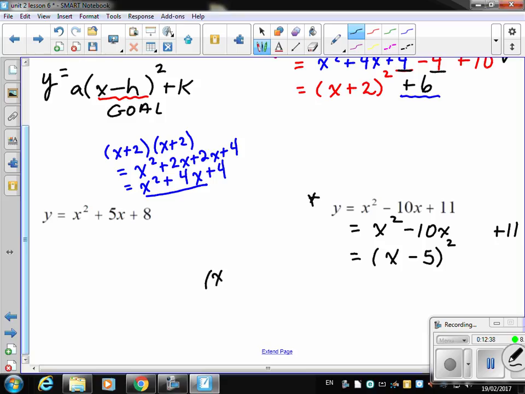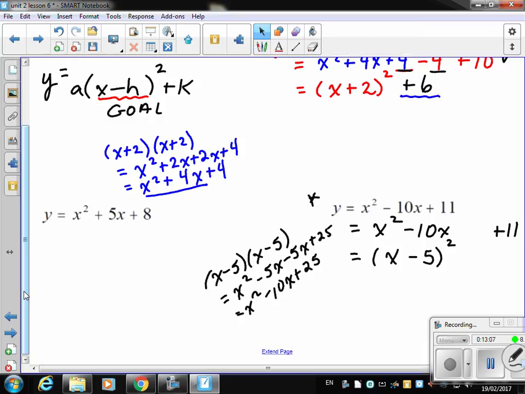Well, it's whatever the number is when you FOIL (x minus 5) squared. x squared, outside, inside, minus 5x plus 25, which is x squared minus 10x plus 25. Ah, it's a 25. I need a 25 to make my (x minus 5) squared perfect. So I'm going to introduce 25, but you can't just willy-nilly add a number to an equation, so you have to subtract 25 at the same time.